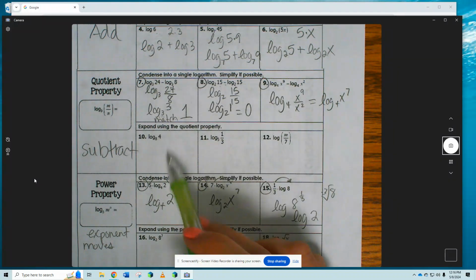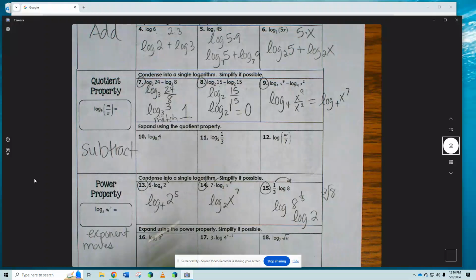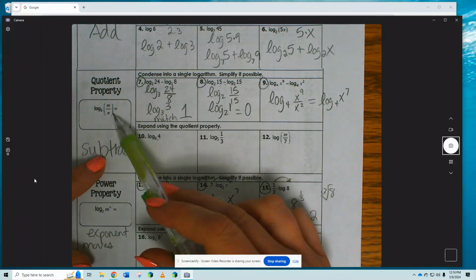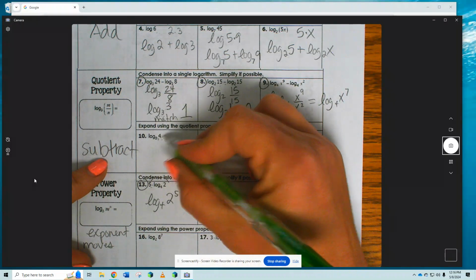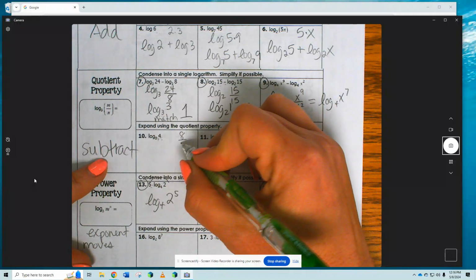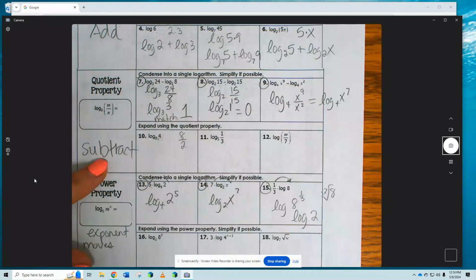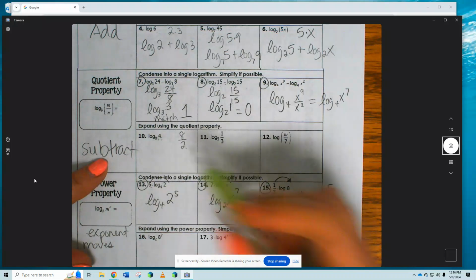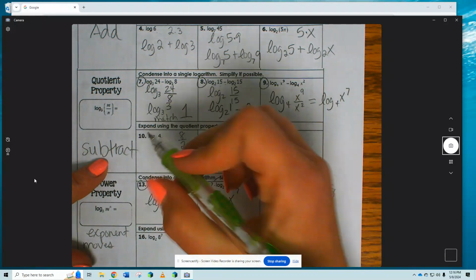Can you think of a fraction that reduces to 4? Because remember, we're doing quotient. What fraction reduces to 4? 8 and 2. Or what were you going to say? 16 over 4? Okay. So here we go. 8 over 2. I'm making a subtraction problem.